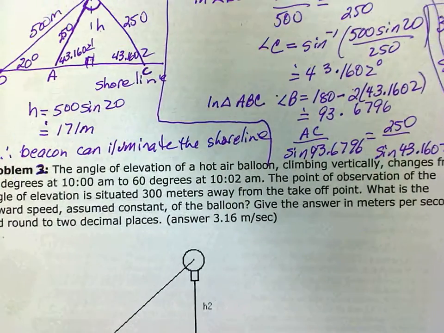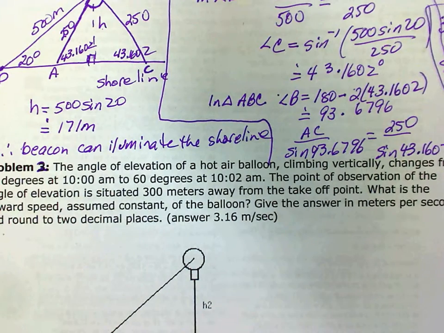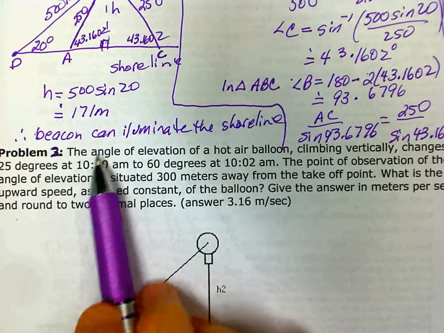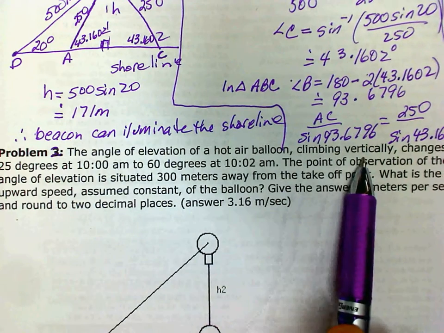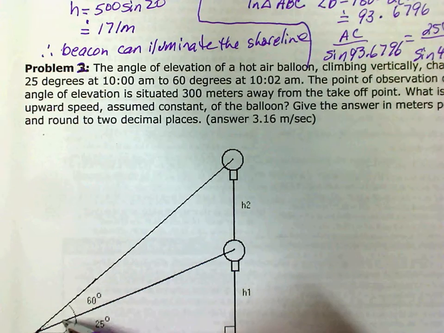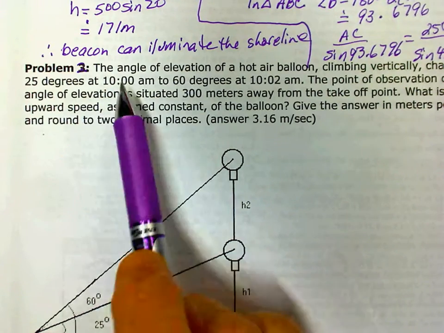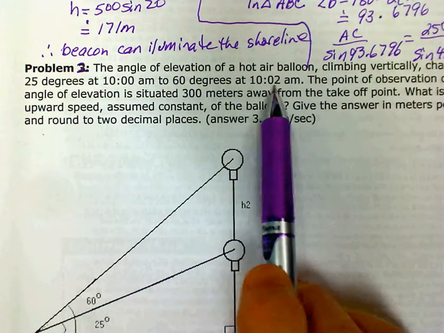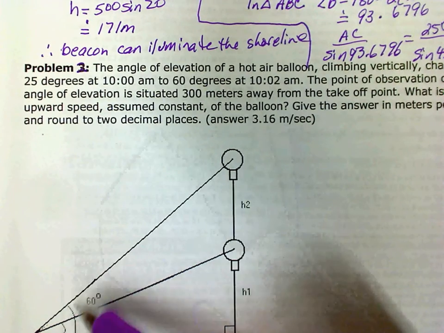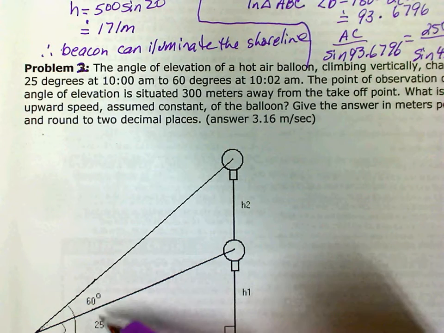Okay. The angle of elevation of a hot air balloon climbing vertically changes from 25 degrees at 10 a.m. to 60 degrees at 10:02. So in 2 minutes, it goes 35 degrees.